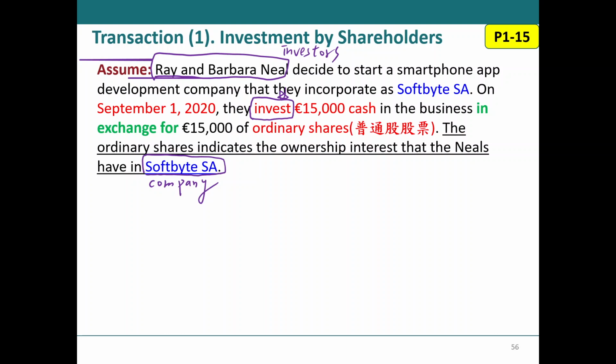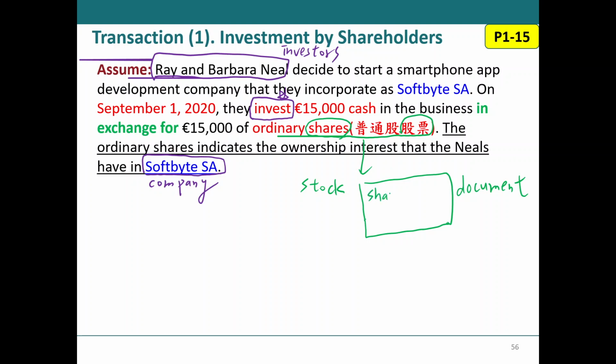Shares, 股票. So what are shares, 股票? Shares, 股票 is a document. So shares is the stock. So the stock means what? That's the document. So this document will tell you the shareholders' ownership.